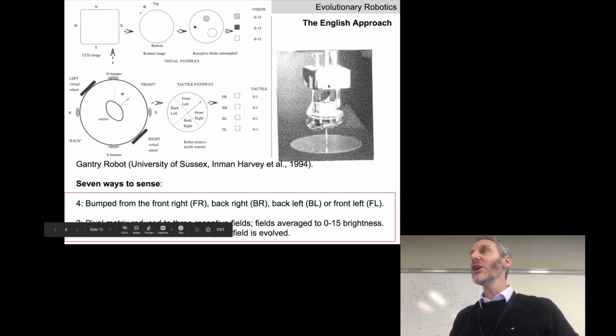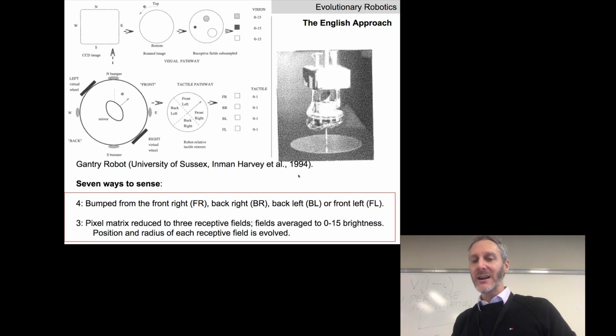What does it see? We're getting this video feed from the robot. This was carried out in 1994, so no real-time video processing at all. So they simplified what the robot saw as follows. They took the CCD image coming from one frame of this video feed. So the robot's north, its west, its east, and its south.